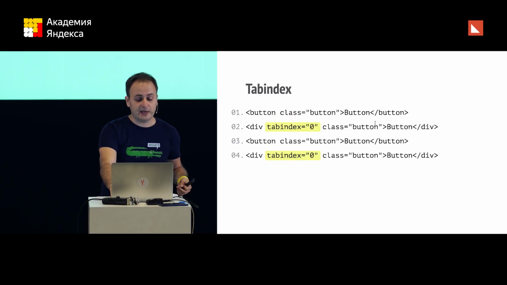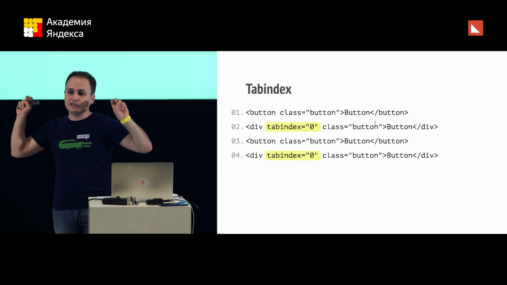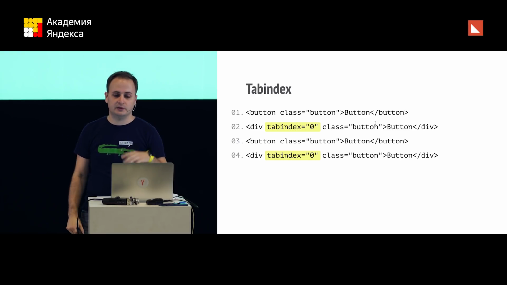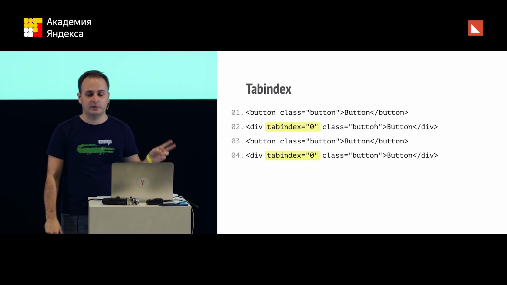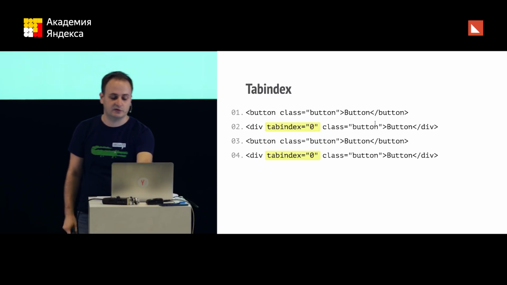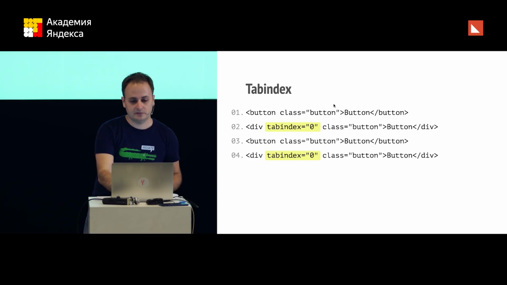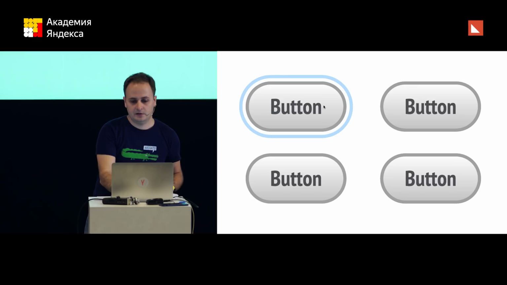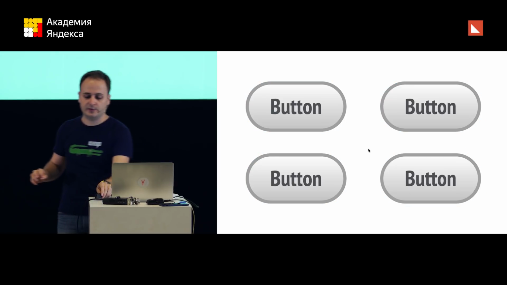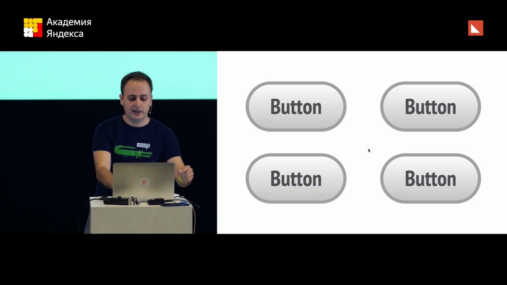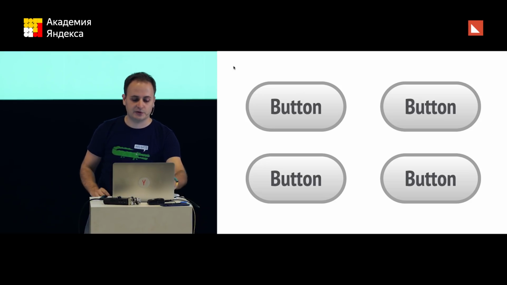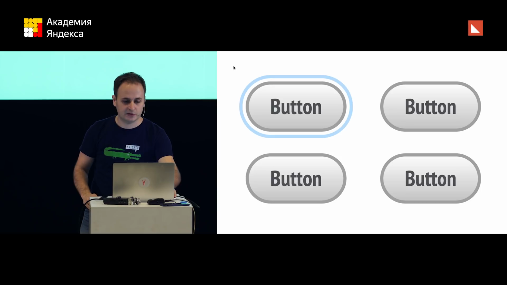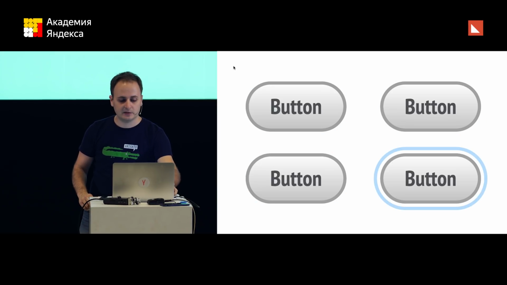But to make divs interactive, we're going to mark them as interactive with a tabindex attribute. So now they are interactive. Now I'm stopping clicking on the page, and I'm starting to use keyboard to navigate. And you see, wow, I can navigate between buttons and divs the same way.